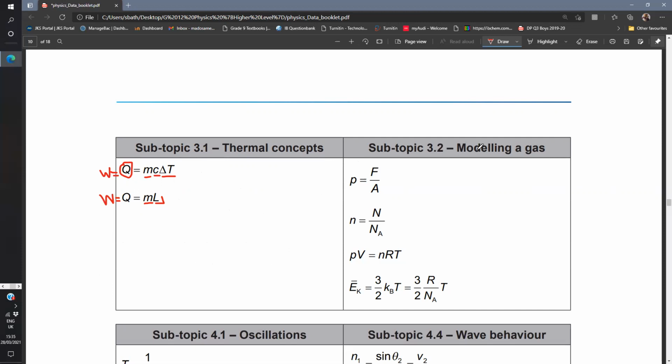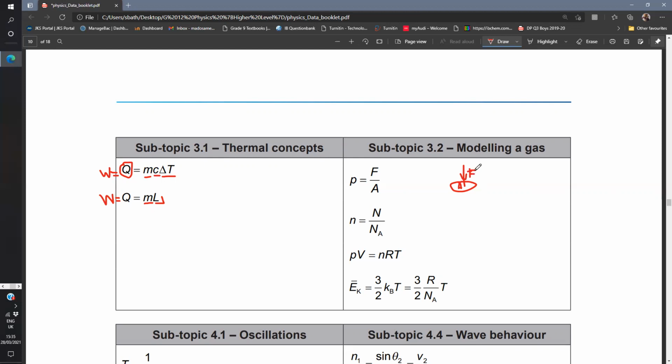Okay, moving on to 3.2, modeling a gas. P is equal to F over A. Let's say this is a circle in an internal combustion engine. This circle has an area, and we're applying a specific force.